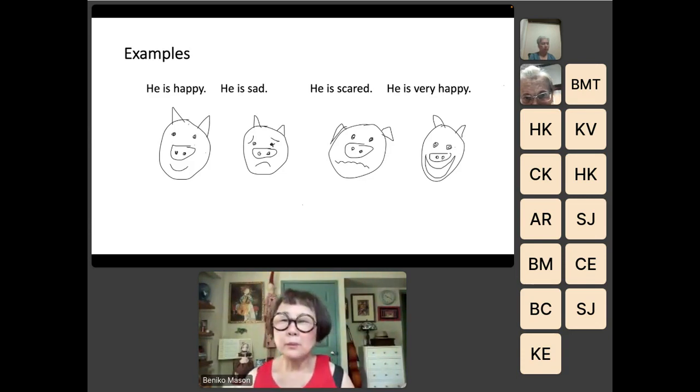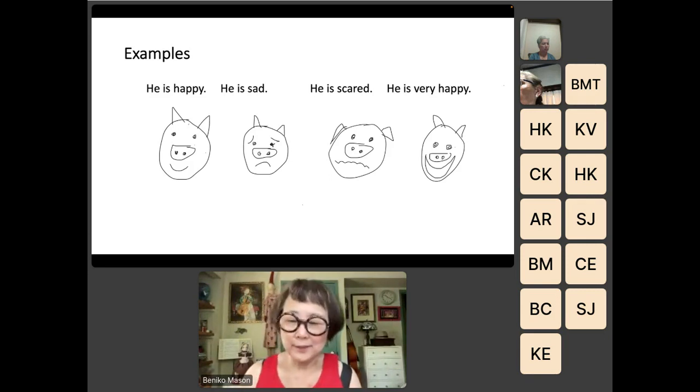And when he is very happy, you just exaggerate the mouth to make it open and really happy. It's not that difficult. You can look up the emoji thing and then just practice a little bit, and then we can do this.